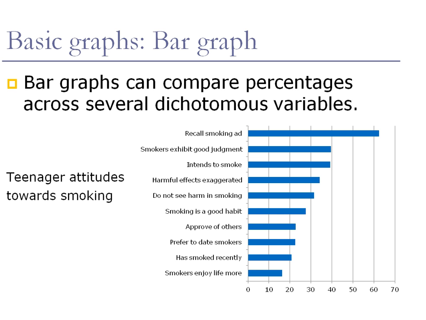Again, we can use all these bars and compare these things. We can see, for instance, that teenagers remember very vividly, or in great numbers, we don't know if they recall it very vividly, but certainly in great numbers they recall smoking ads. And that goes to show again that advertisements can be very effective in influencing young people.